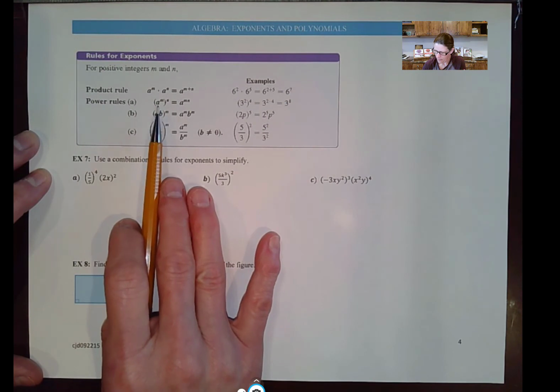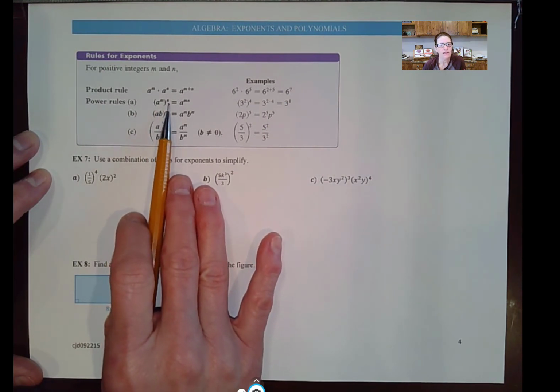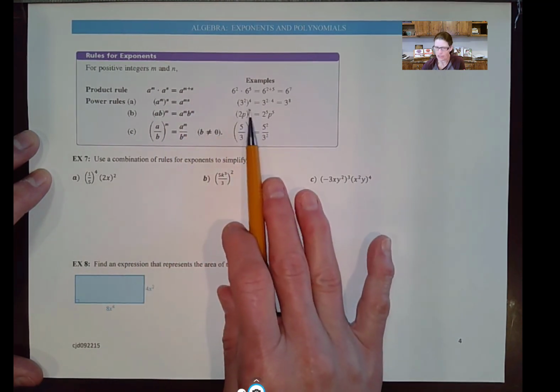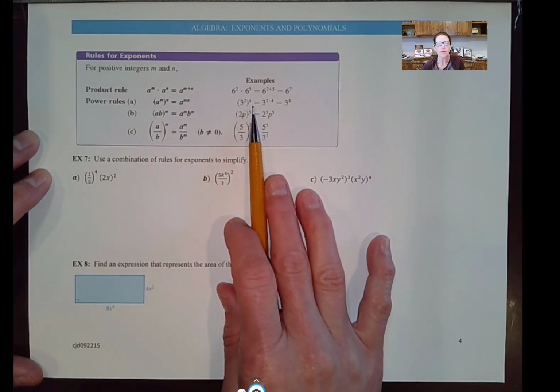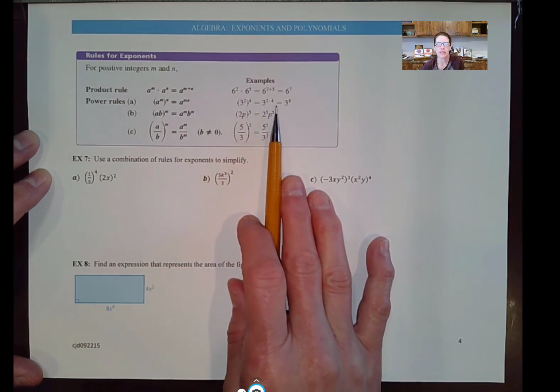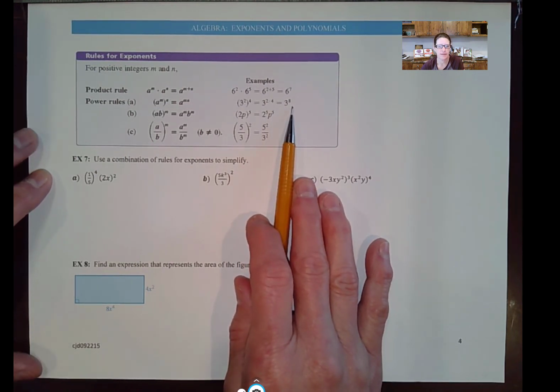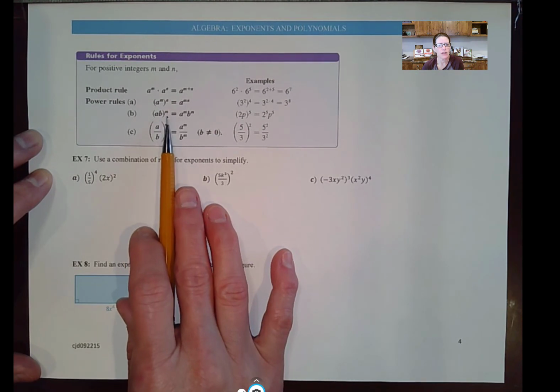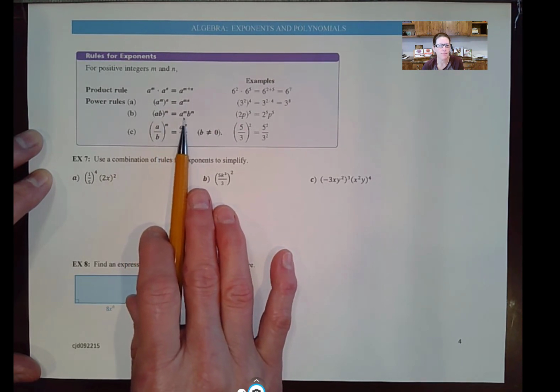Power rule A, a to the m to the n, power to a power, multiply. For example, 3 squared to the 4th is equal to 3 to the 2 times 4, or 3 to the 8th.